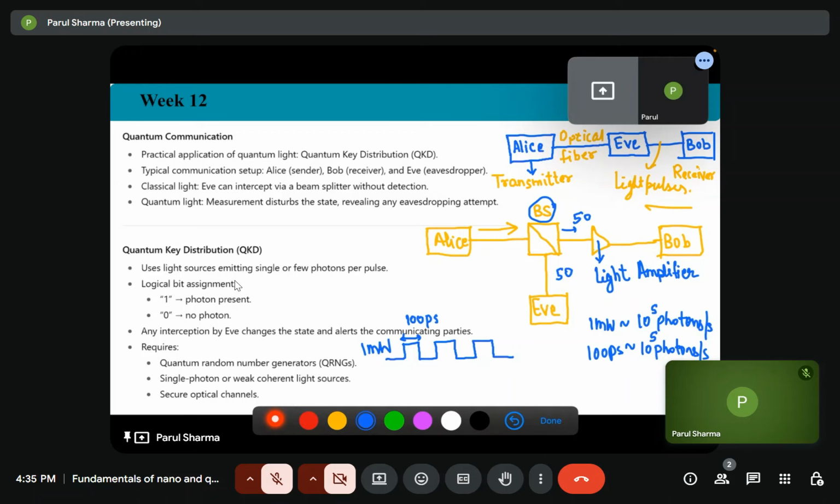So if one photon in every 10 pulses, it will represent 0.1 photon per pulse.